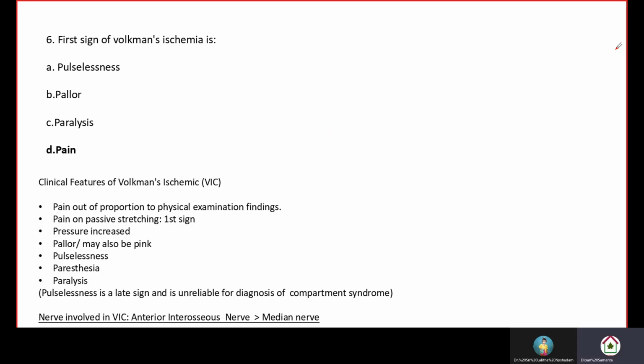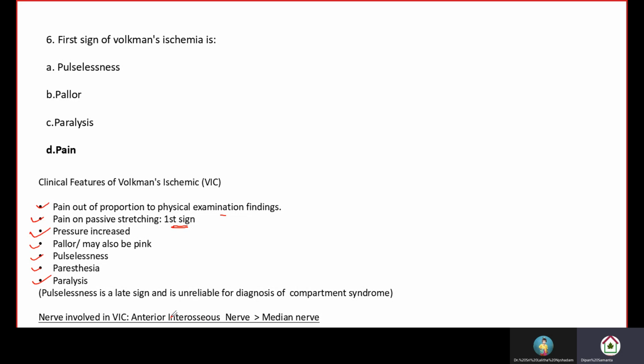And the answer is, the first sign of Volkmann ischemia is pain. Clinical features are pain out of proportion to physical examination findings, and pain on passive stretching, the first sign, increased pressure, pallor, pulselessness, paresthesia, paralysis.